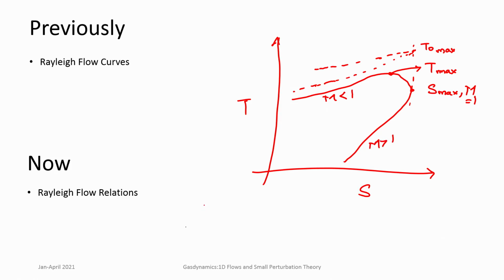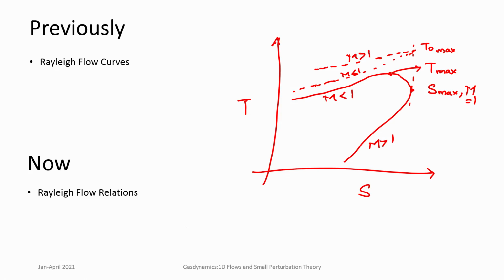When heat is added in a subsonic flow, the velocity increases, Mach number increases, and it drives it towards sonic conditions. This is the subsonic branch for the stagnation conditions, and supersonic branch for the stagnation conditions.